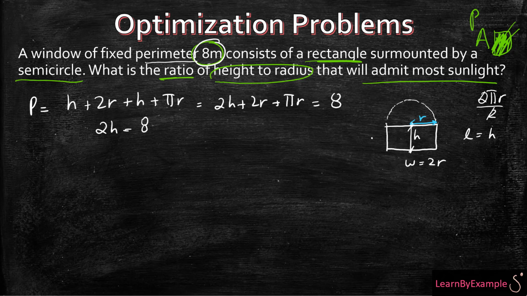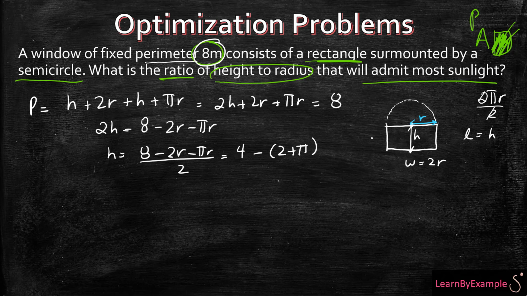So 2h is equal to 8 minus 2r minus pi r, right? So if you were to write just h, it's going to be 8 minus (2 plus pi) r, all over 2, okay? And you can simplify that further. It's going to be 4 minus (2 plus pi) r all over 2. Okay, so now we have h.